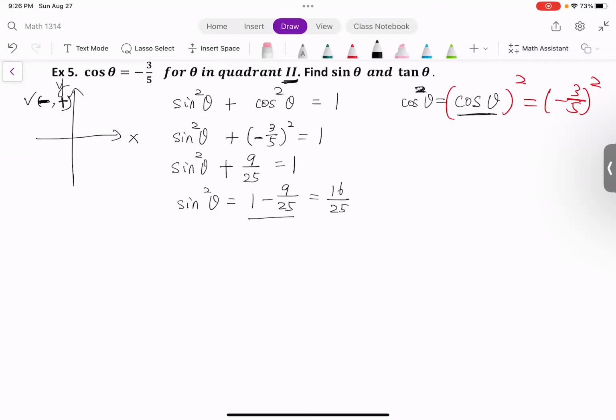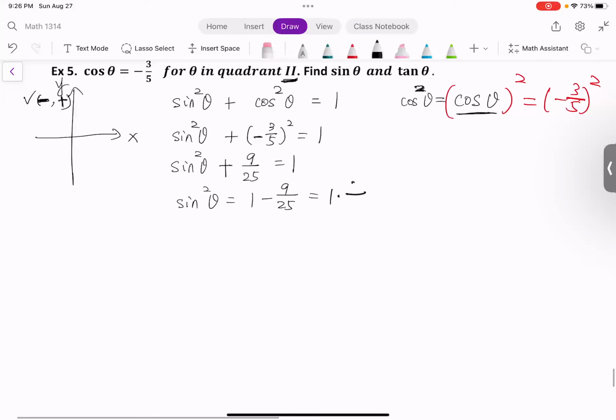Let's slow down a little bit. If I do the subtraction between the integer and the fraction, I must convert both numbers to be fractions. So I convert both numbers to have the bottom 25. That means 1 multiplied by 25/25 minus 9/25.